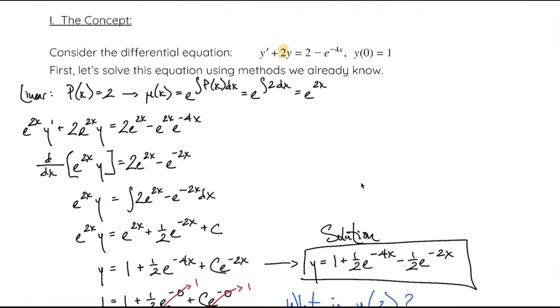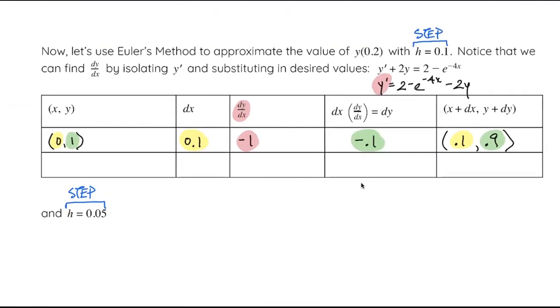Okay, so we're going to actually do this 2 times. So I'm going to grab the ending value, 0.1 and 0.9. Let's color code them accordingly. And let's figure out our new dx, dy dx, and our dy so that we can end up with a final value.